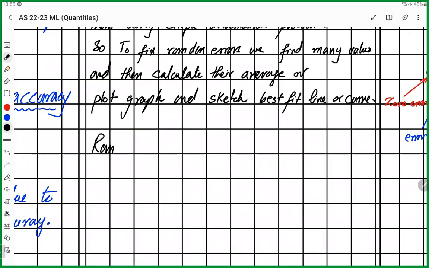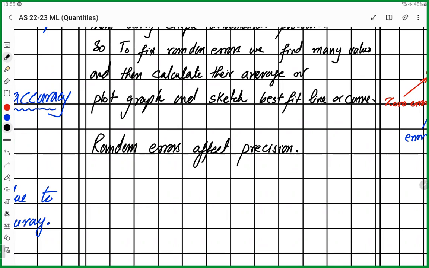Now, random errors affect precision. What is precision?